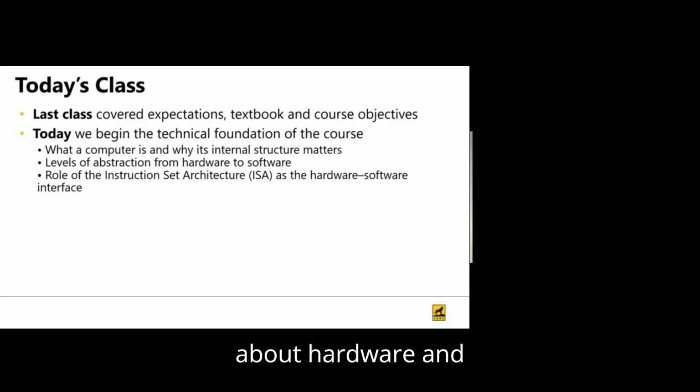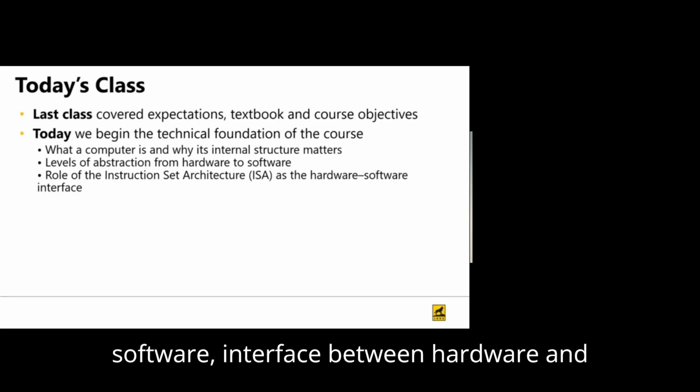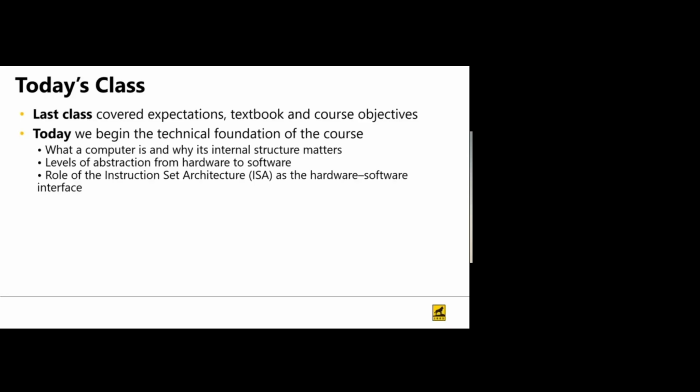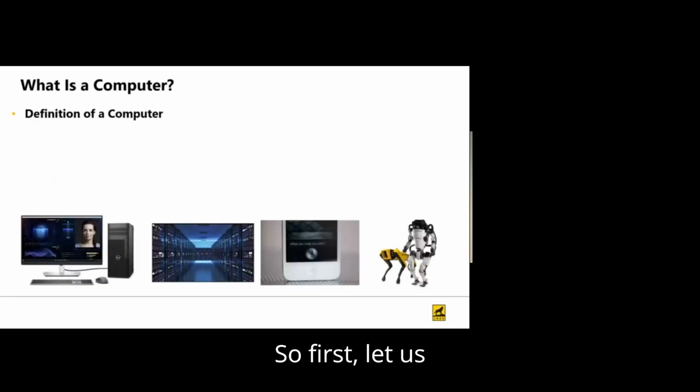Then we're going to talk about hardware and software, and the interface between hardware and software that we call ISA, instruction set architecture, and mostly we are around ISA today. So first, let us start with computers.